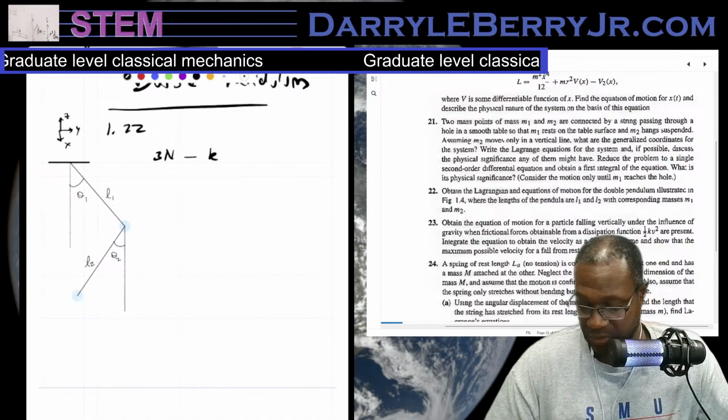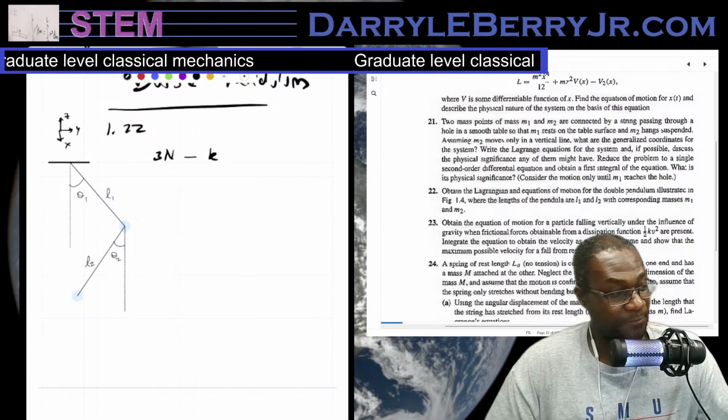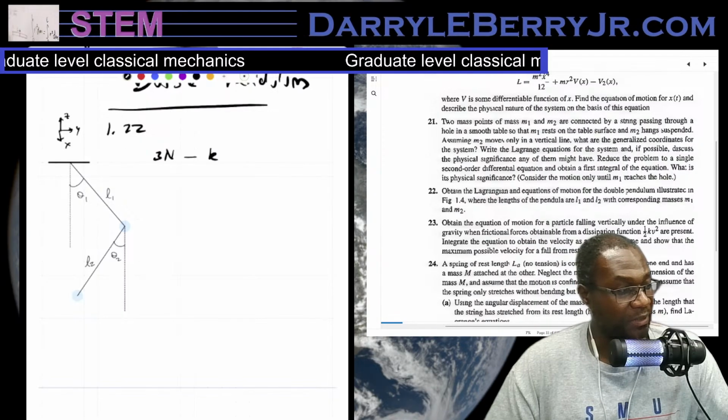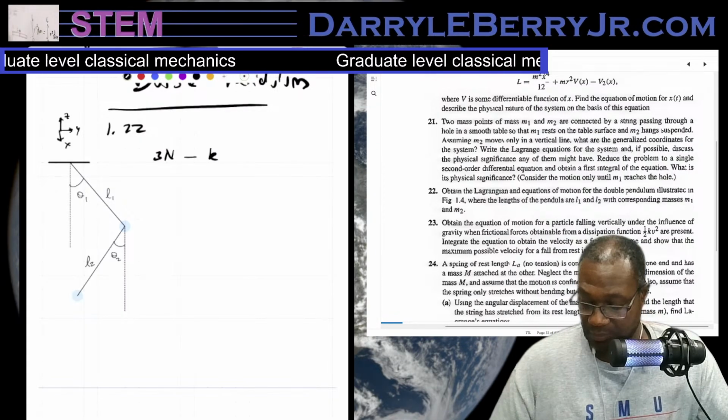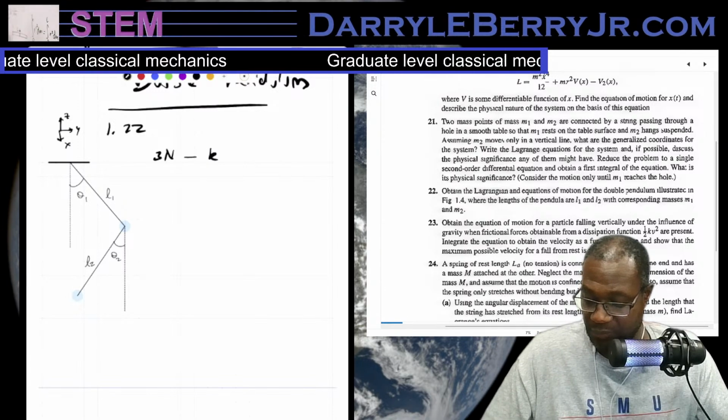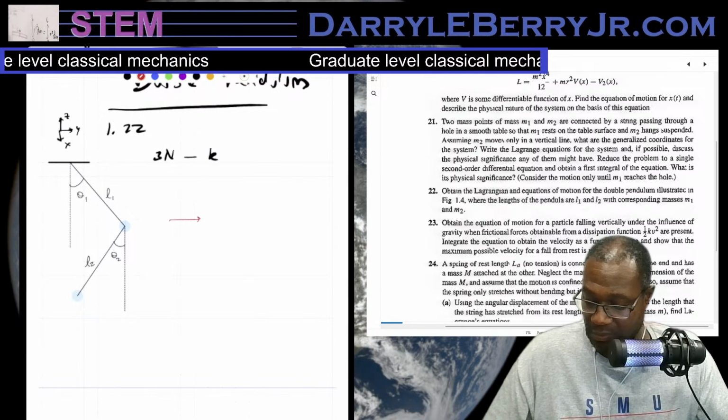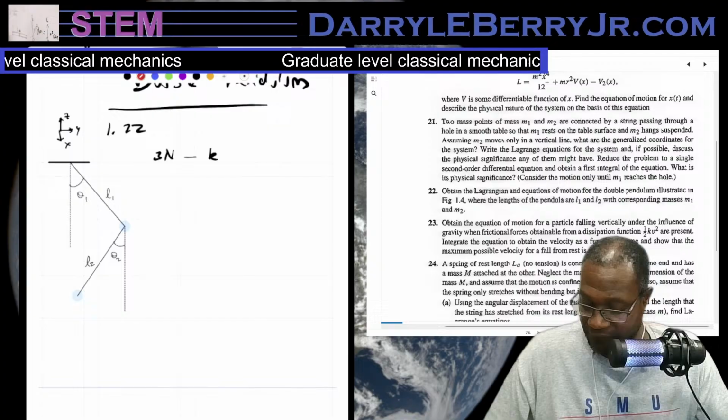One constraint we could recognize is that the x component of the first string, I'll call it x1, like how far this can go over.